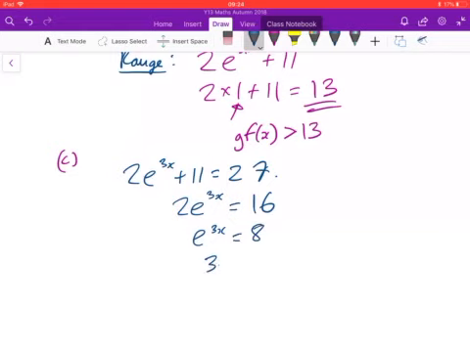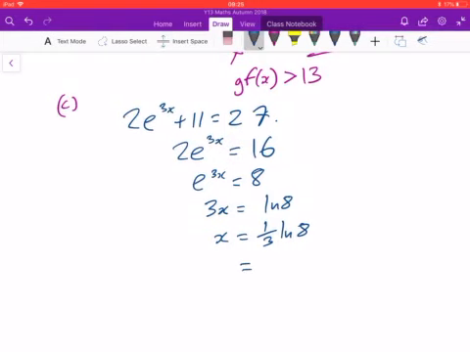The inverse of e is log, and so 1/3 ln 8. This can probably be simplified: 8 is 2 to the power of 3, so this is 3 ln 2, as 8 is 2 to the power of 3, so it's ln 2.